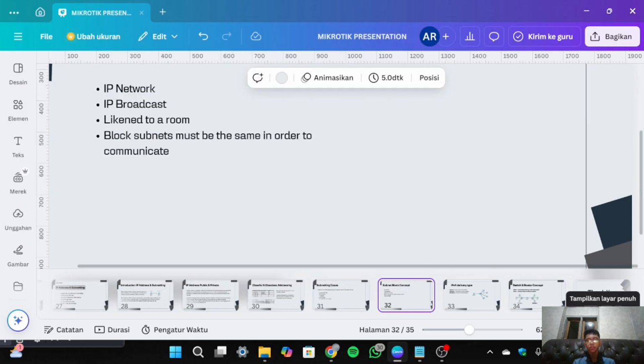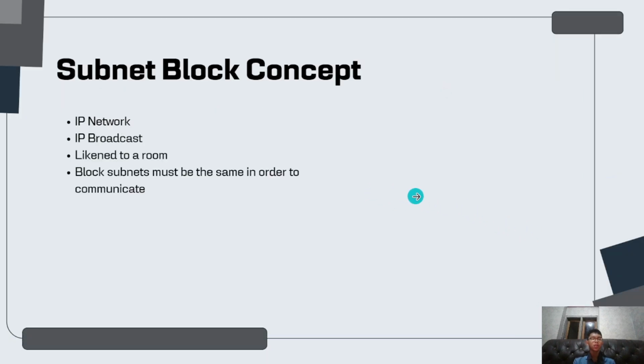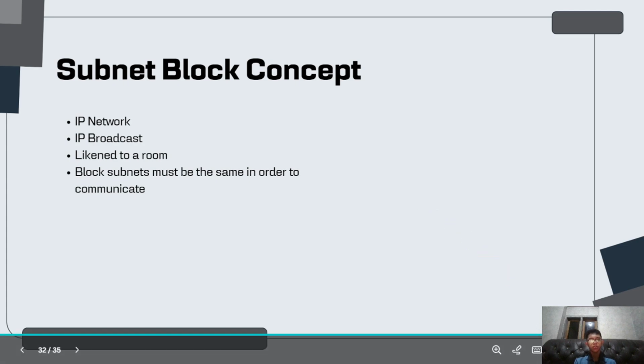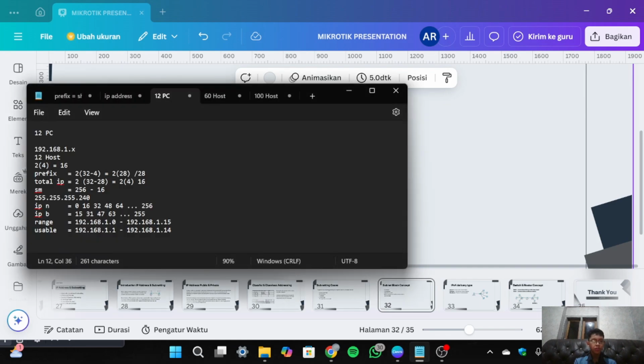And then next, subnet block concept. There is an IP network and an IP broadcast. The subnets must be in the same block to communicate. So for example, if you choose IP network 0 and IP broadcast 15, you can communicate within this range of IP.